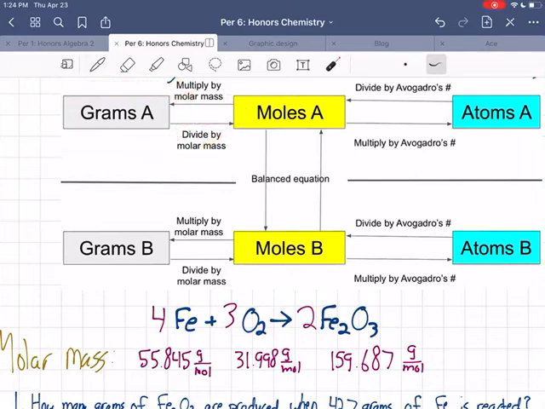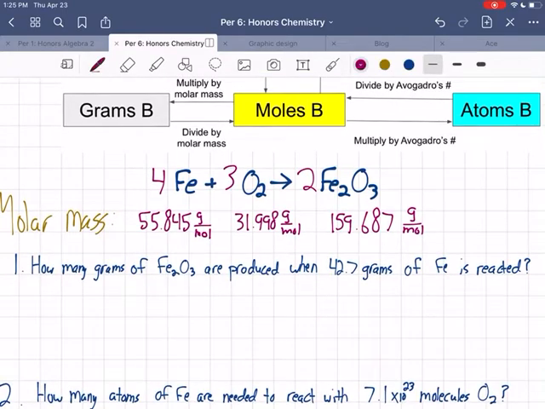And then we can use our balanced chemical equation to use those coefficients out front and find the number of moles of that other thing that are around. And then we can finally convert using our molar mass from that moles of the second substance to the grams of that second substance. So in the end, it's going to actually be 3 steps.